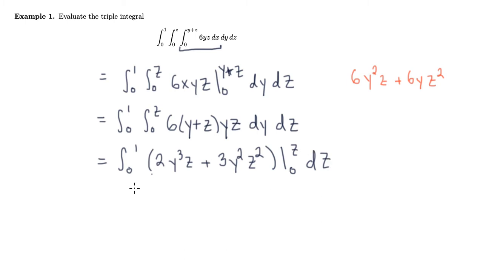Okay, so let's plug in z. Plugging in 0 will make everything 0. And so we have 2, this is going to be z to the 4th, plus 3z to the 4th. So we have 5z to the 4th.